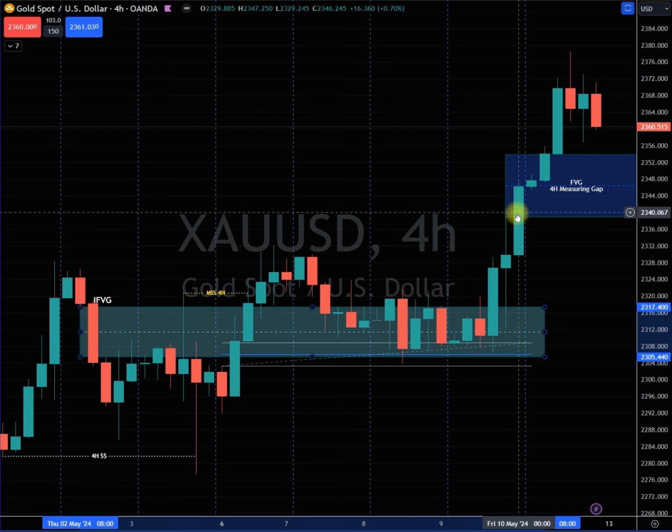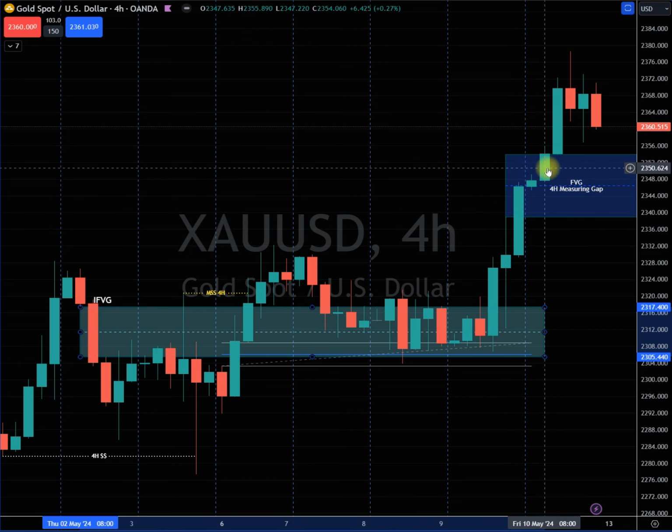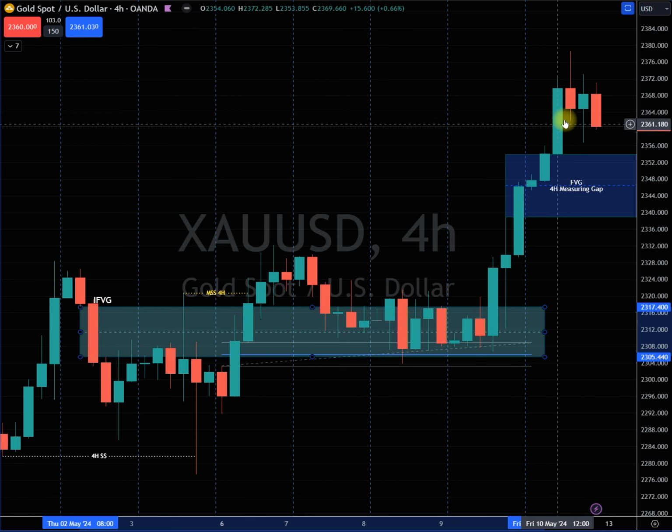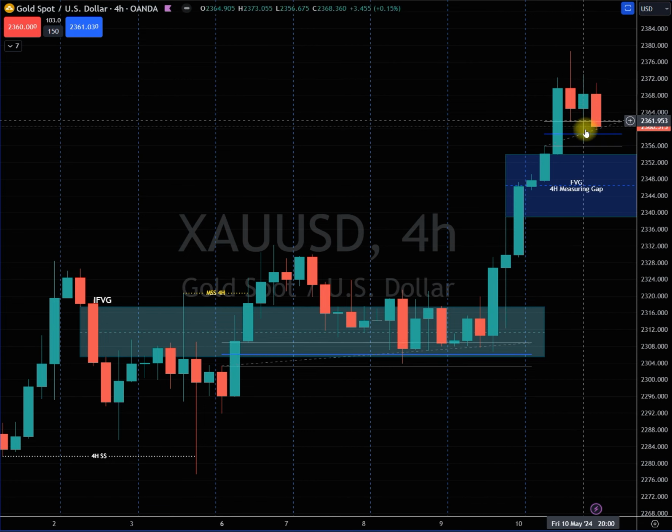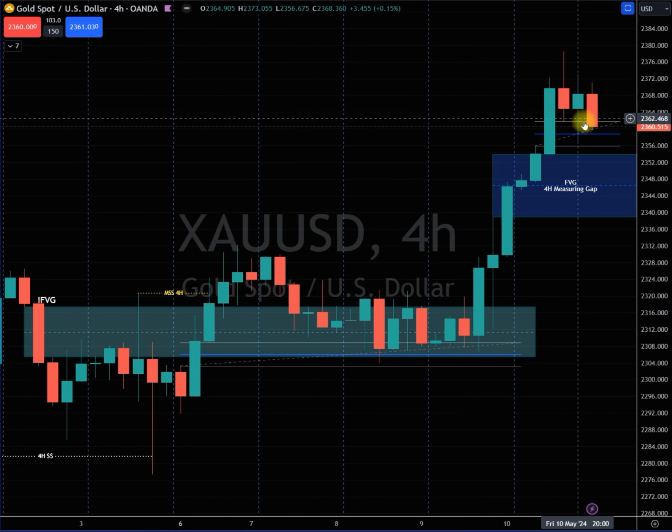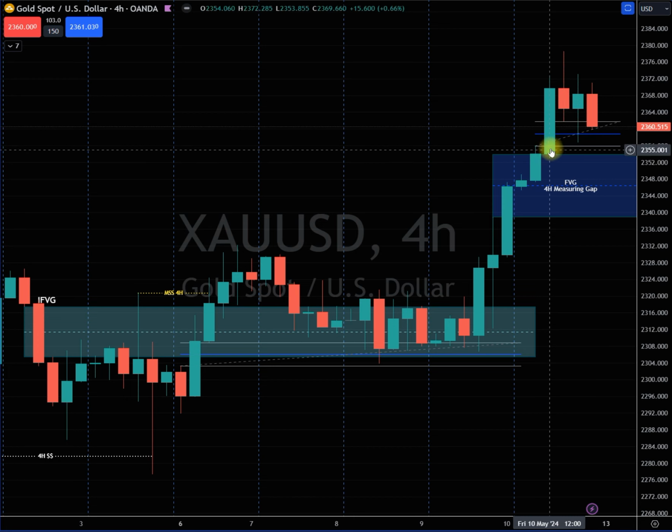measuring gap over here and another fair value gap after the measuring gap, which now price has revisited and is retesting or rebalancing this fair value gap after the measuring gap.